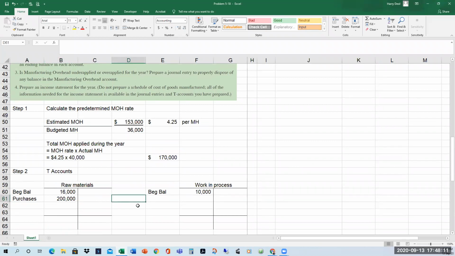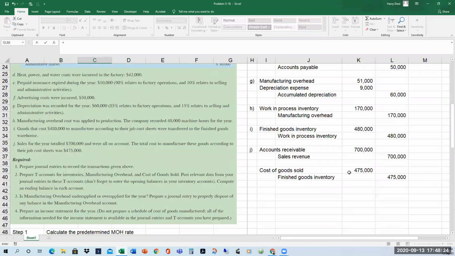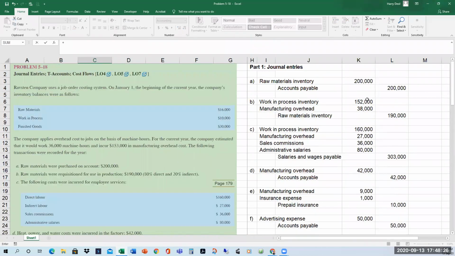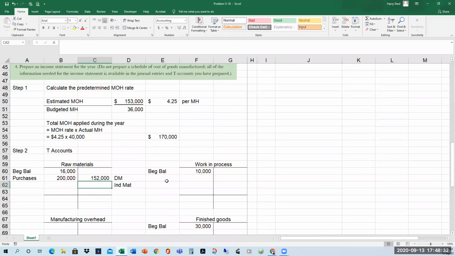So the raw materials that were used, a portion was regarded as direct materials and the other portion as indirect materials. So direct materials, the cost was 152,000, and that goes to the debit of work in process inventory. So you want to debit work in process inventory for the direct material cost and credit raw materials.